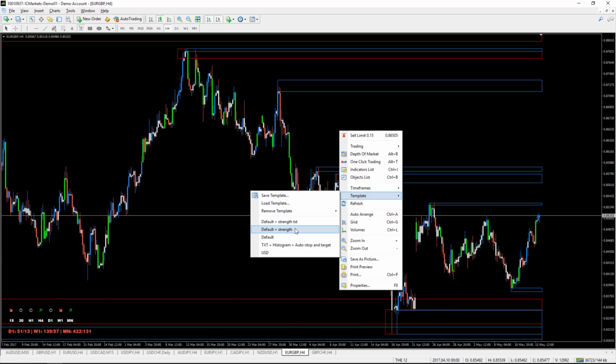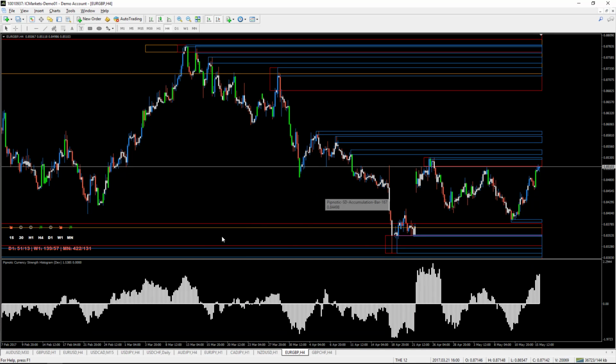It's showing us the difference of the currencies that are currently being shown. So you can see we have the euro, British pound, and this is the difference in the strength between the two. If you have a look here for the timing, you can see that the euro British pound is moving higher, and you can see that the euro is stronger than the pound, but we don't know if that's because of a strong euro or because of a weak pound.